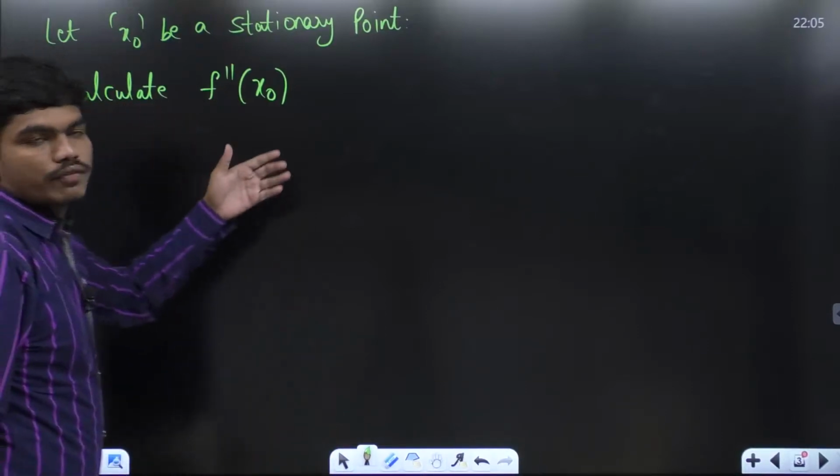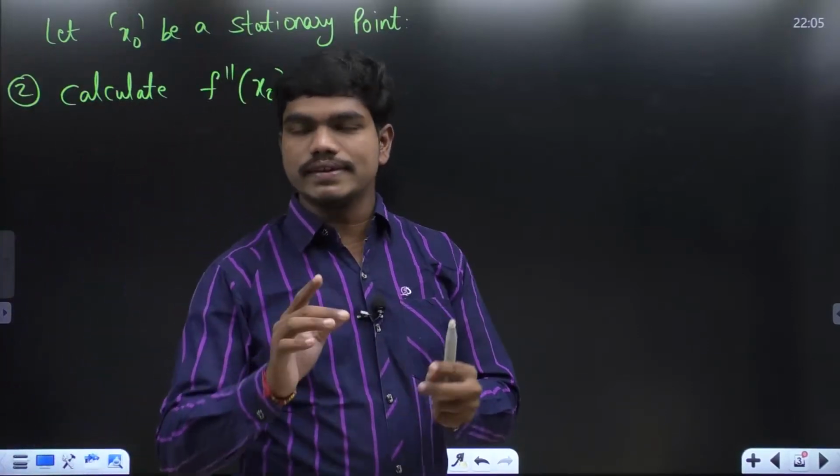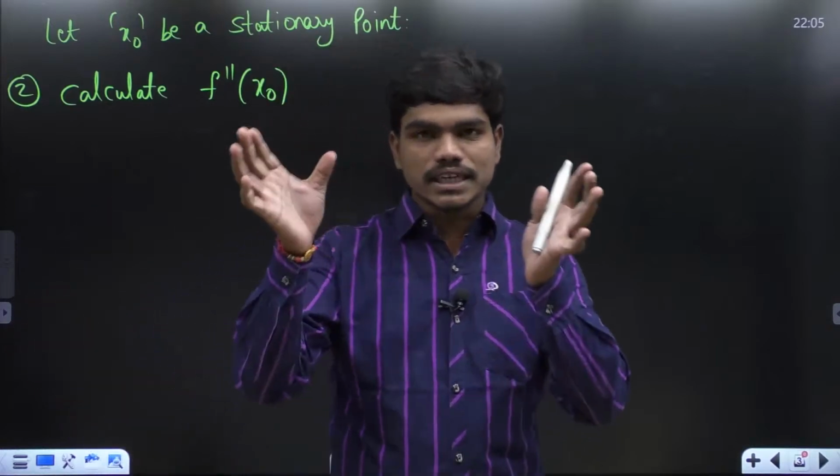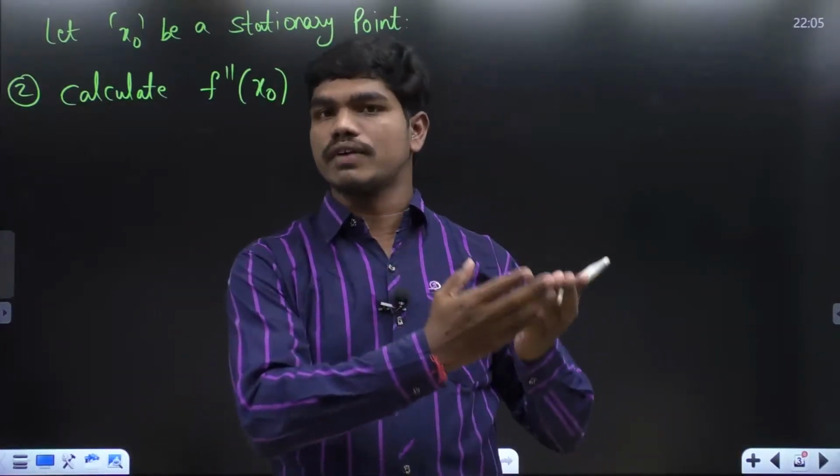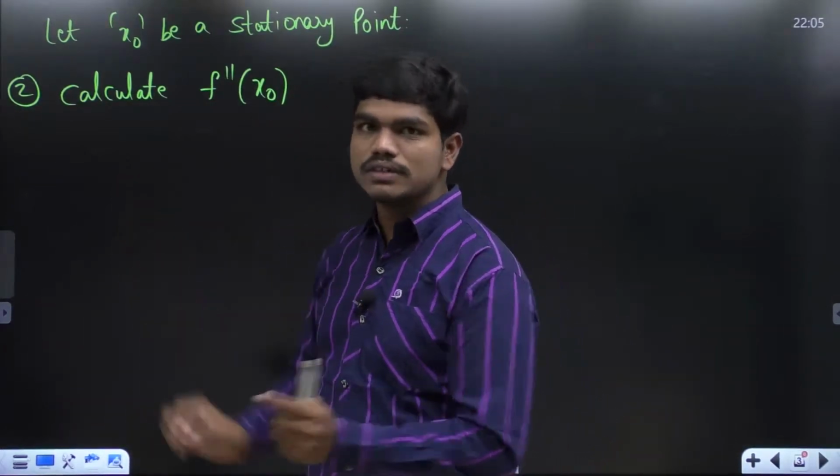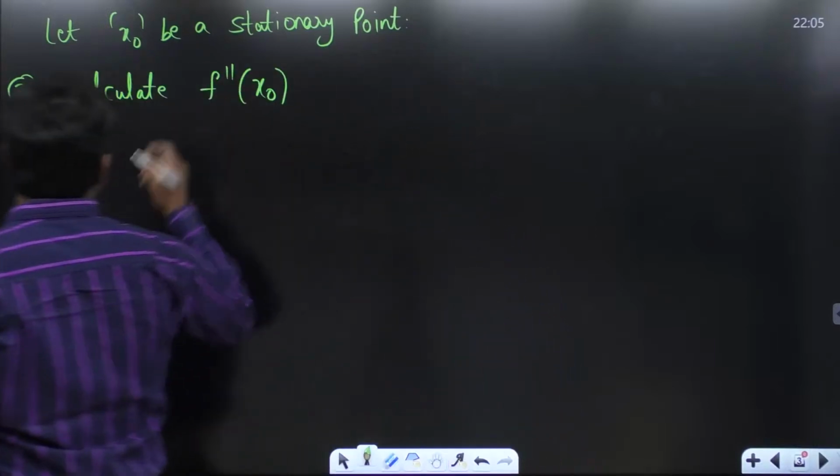So calculate f double dash of x naught. See, once you find the first derivative, and when you equate it to 0, then you will be getting certain number of points, correct, depending upon the nature of the function. So I am explaining this criteria for one of such points. So now calculate f double dash of x naught.